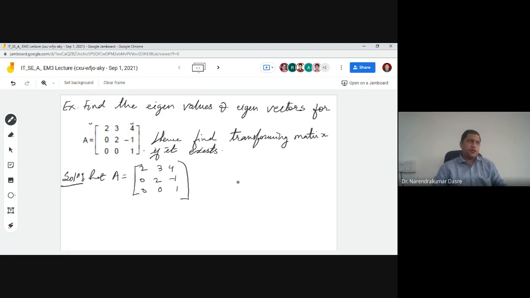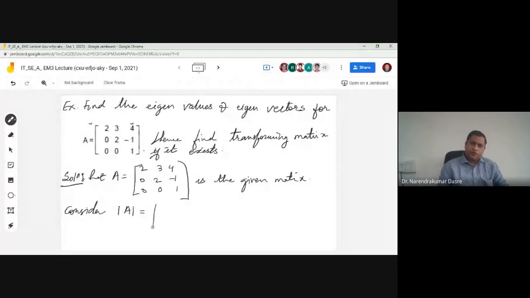Can you find the eigenvalues without calculating? Any one of you, Minal? Can we have the eigenvalues of this matrix without calculating?